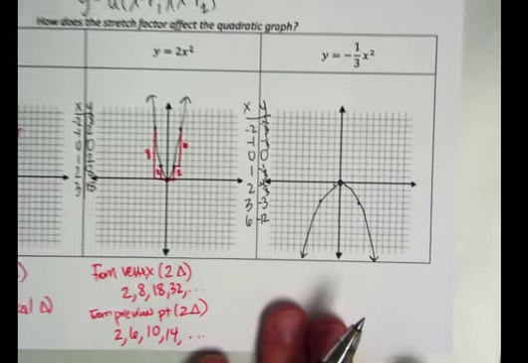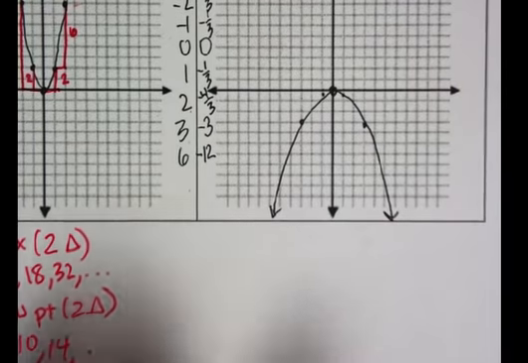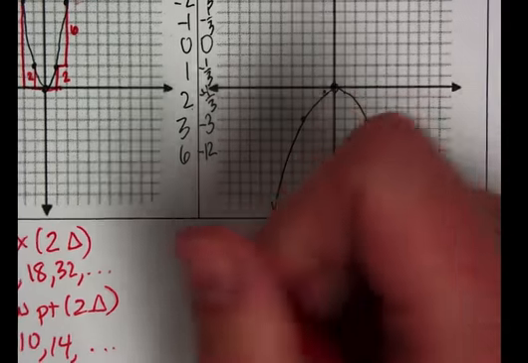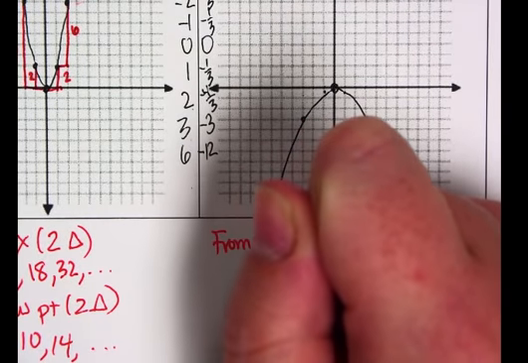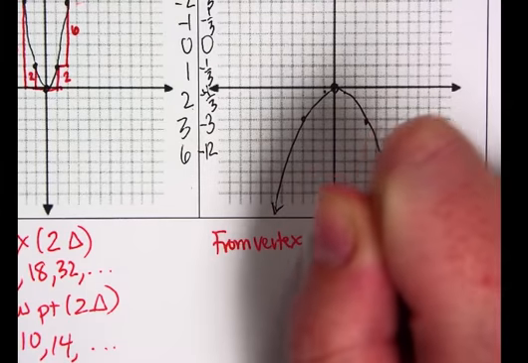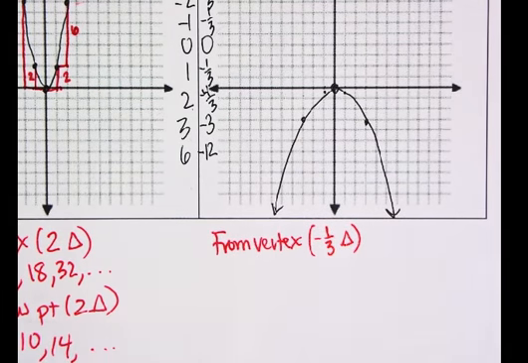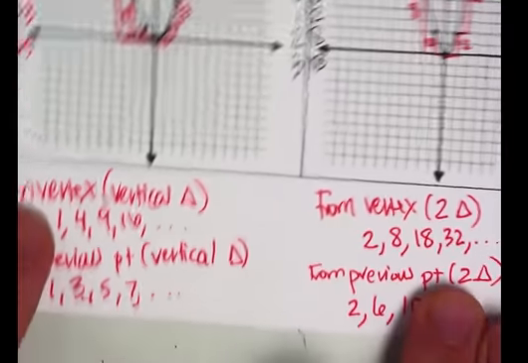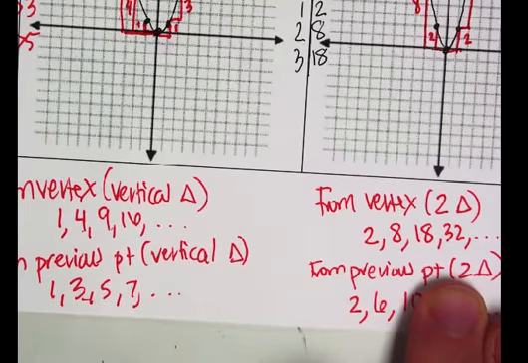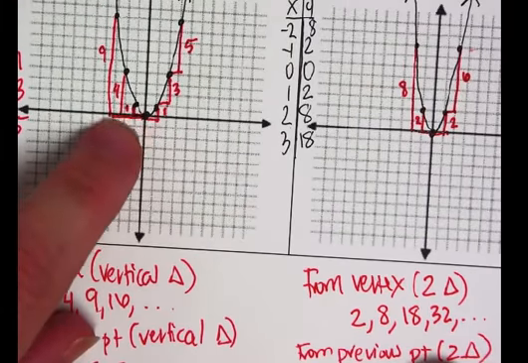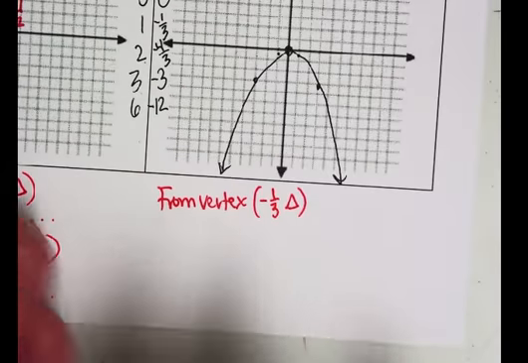Okay. So looking at the patterns with this one, if we're working from the vertex, we just take negative 1/3 times whatever that change was. So the change originally was 1, 4, 9, 16, okay, and that was from the x-coordinates squared.